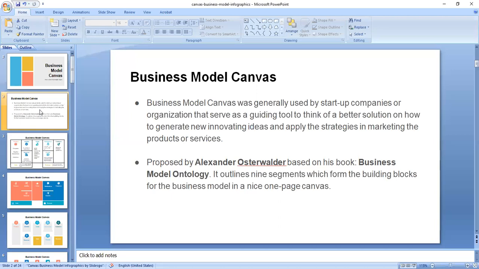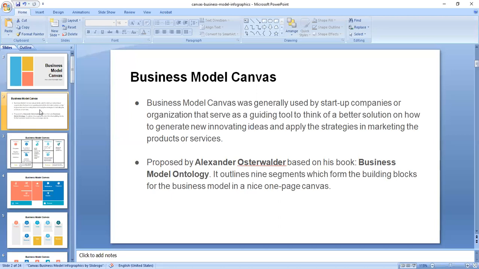It is a very fundamental tool used by those who are yet to start a business, and also by those who already have businesses and want to innovate or diversify.